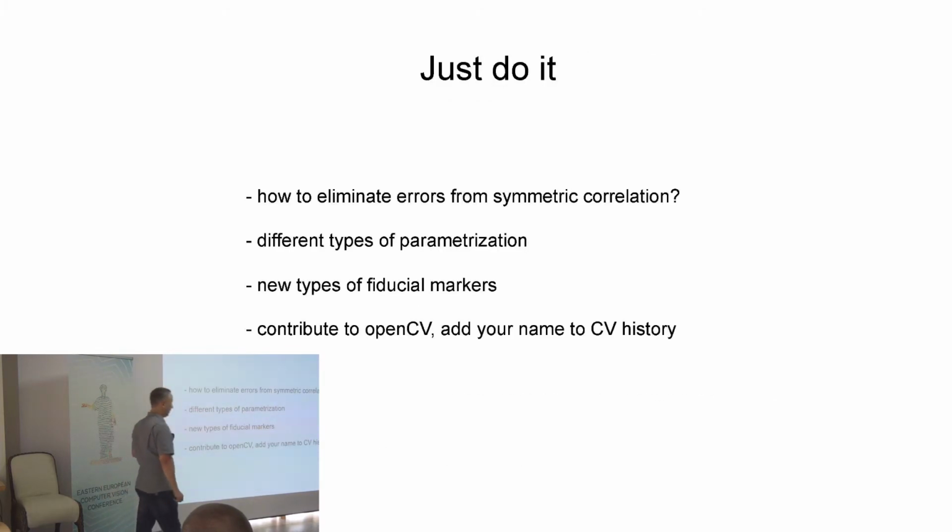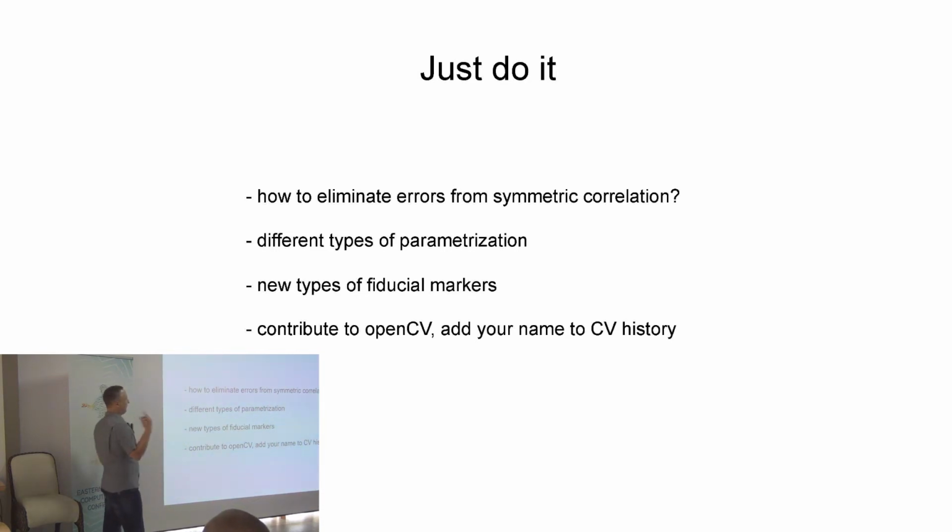What can we do further with our calibration? Just note that calibration accuracy of about 10 millipixels is good enough. It can be broken by just changing the temperature of the camera sensor. It's comparable in accuracy with these values. But what can we do further? First, we can develop procedures that remove or compensate all errors from symmetric center correlation.